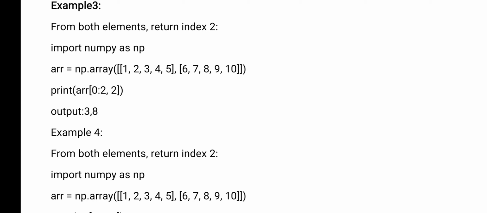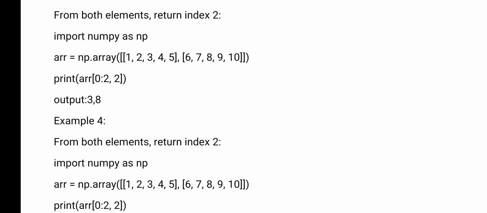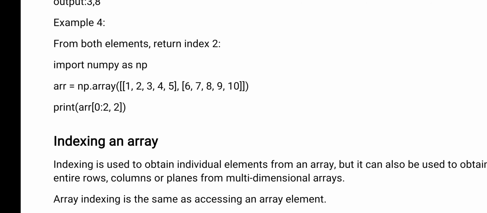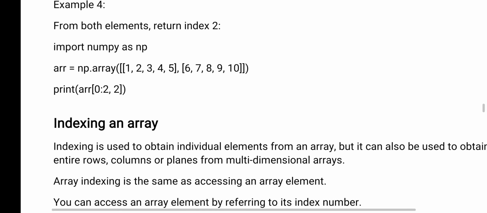So, you see in the first row, what is at index number 2? 3 is printed, and from the second row also index number 2 is 8, that is printed. 3, 8 means from the first row, the third column element is printed, and from the second row also the third column element is printed. Now you see from both the rows, index 2 just now I have given, no?